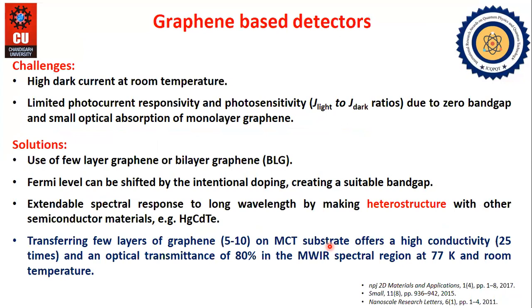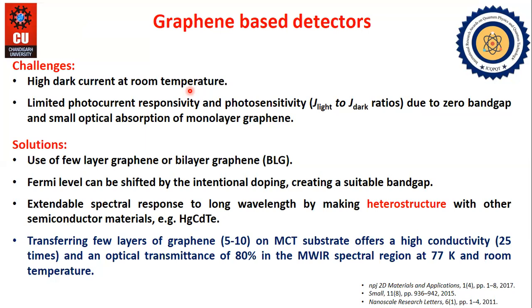Now, we have some challenges with graphene-based detectors. The conventional graphene detector normally depends on the photoconductive mode, which typically has the limitation of high dark current at room temperature. Most IR detectors based on graphene and mercury cadmium telluride are not viable for room temperature operation because thermal excitation at room temperature would generate a large dark current comparable to or even higher than the photocurrent.